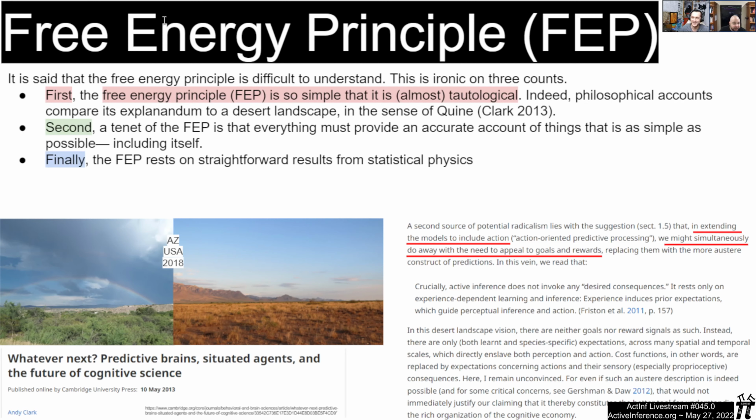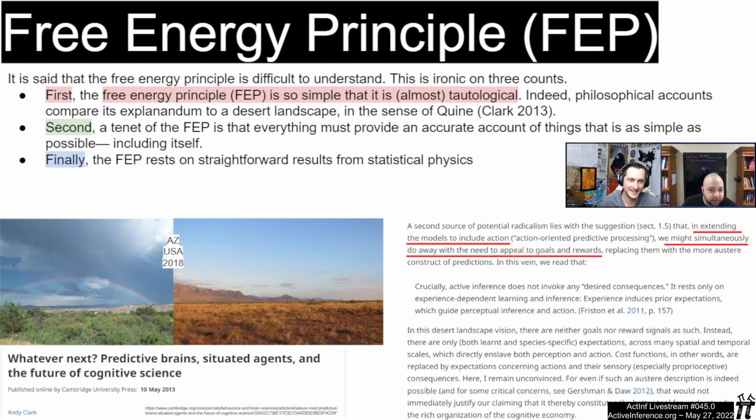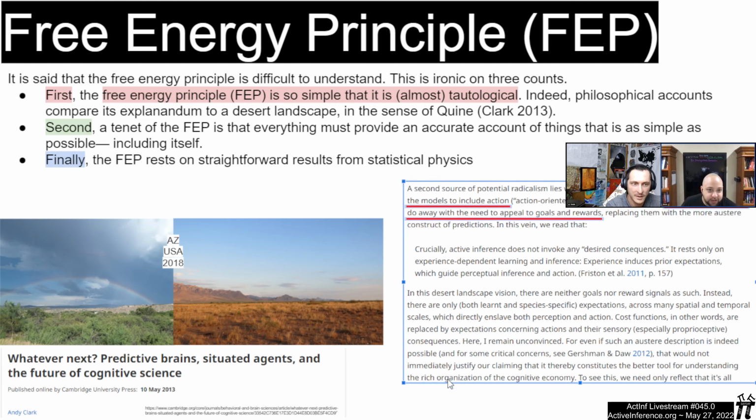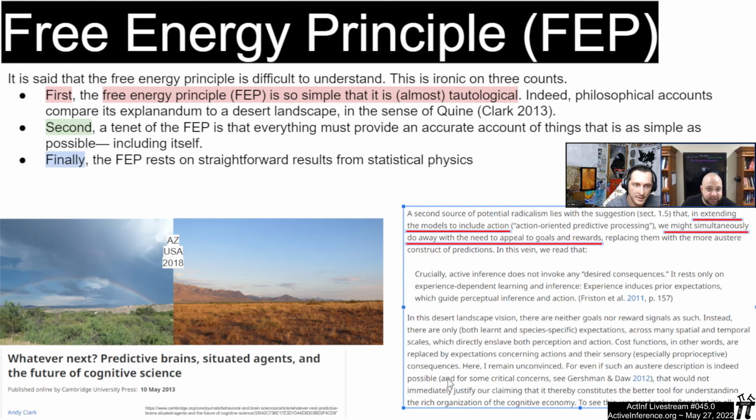I just thought, yeah, the Quinean desert landscape, very apt description, and yeah, physical sort of, yep, it lines up. And like I said, it does seem tautological, like a lot of these concepts, if you think about them from the statistical physics, it's like obviously, but then there's just a lot of area there to be covered, right?